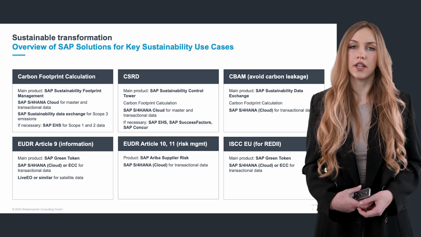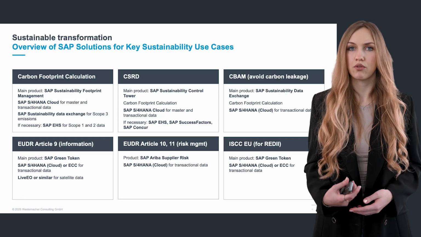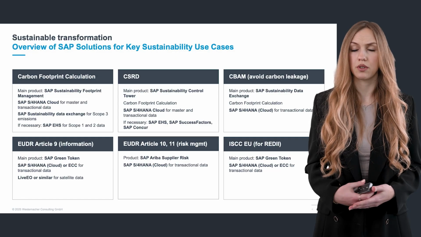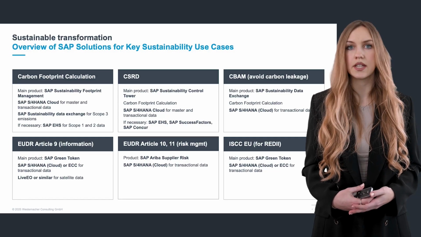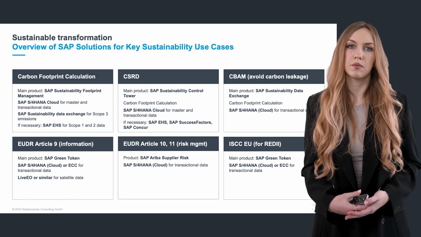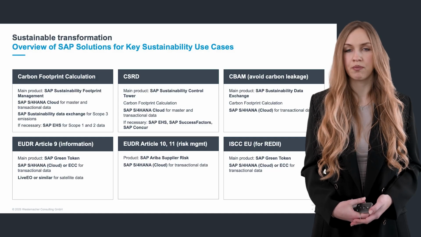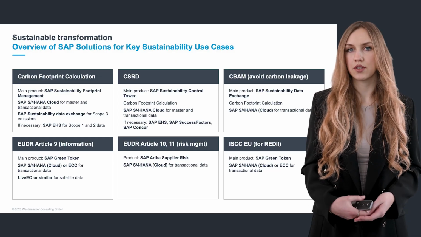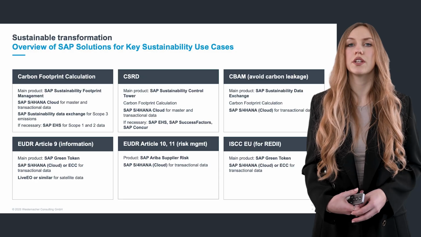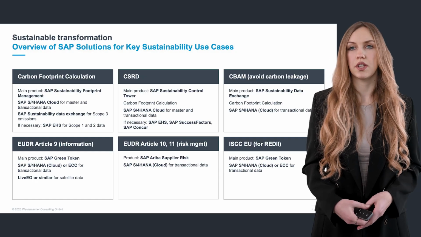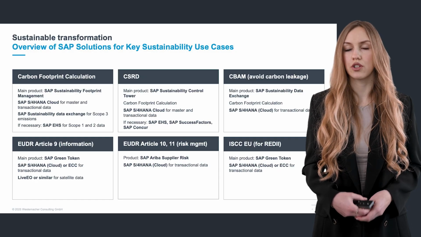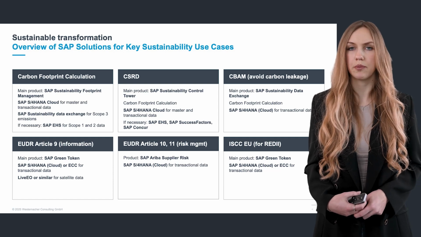And you always also need data from your suppliers, for example. So this is all Scope 3 emissions. And this you can do with the SAP Sustainability Data Exchange. And then, if necessary, depending on which industry your company is operating in, you may also need the SAP EHS for additional Scope 1 and Scope 3 data.